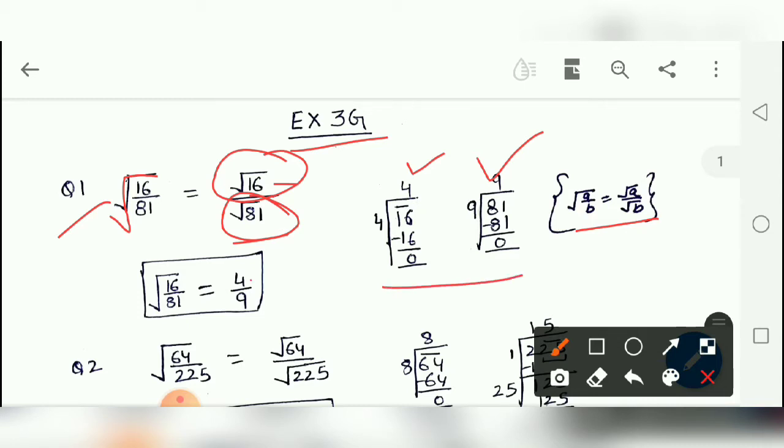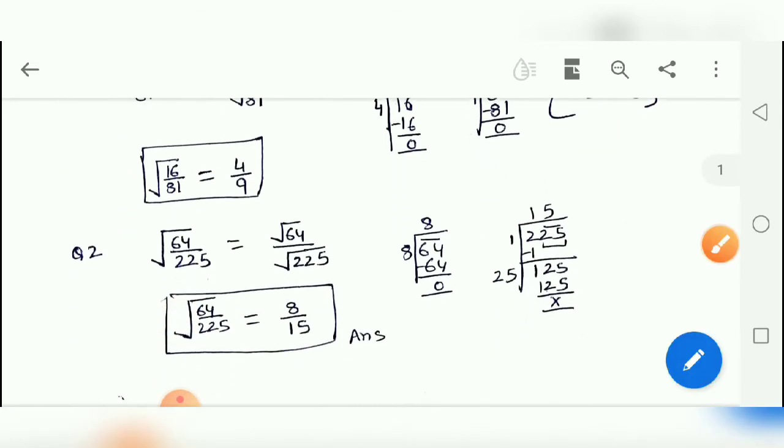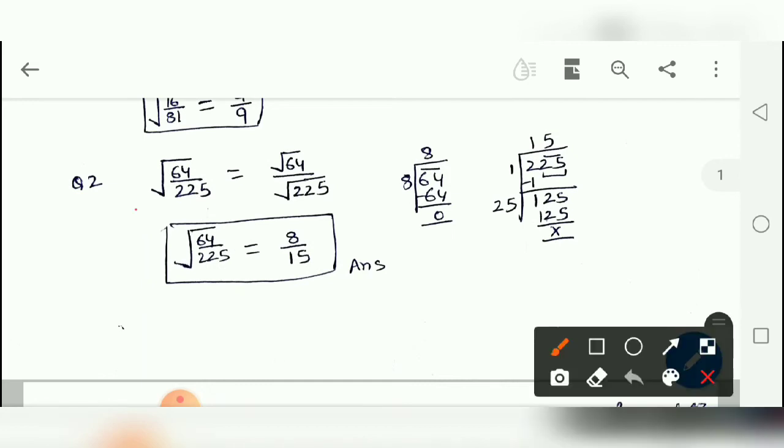Now under root 16 is 4. See here. And under root 81 is 9. Now the answer is 4 by 9. Next question is whole under root of 64 upon 225. Here the numerator is 64, the denominator is 225.